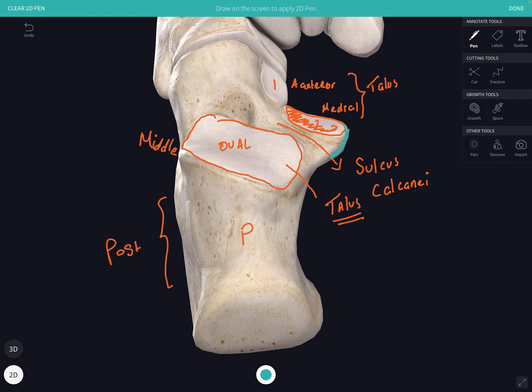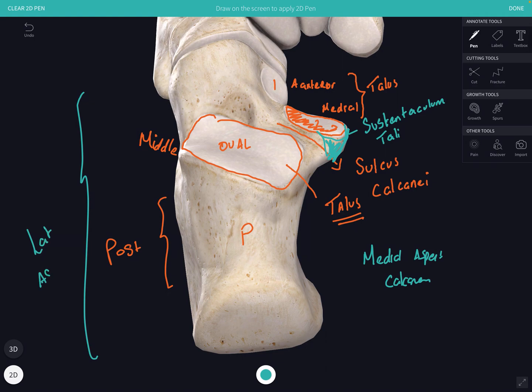So this bony eminence here is known as the sustentaculum tali, okay? And that's a prominent feature on the medial aspect of the calcaneum, okay? And this would be the lateral aspect of the calcaneum, okay?